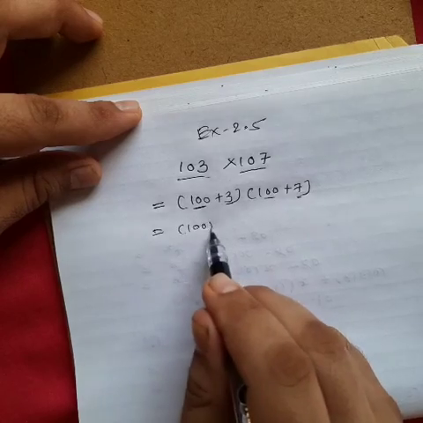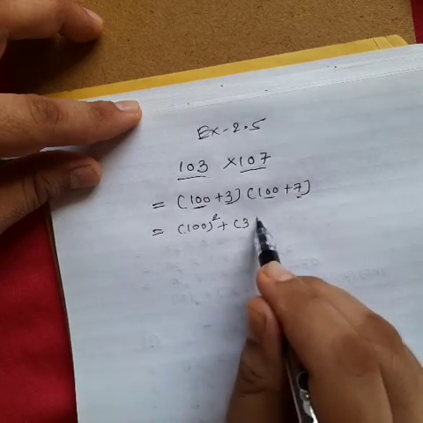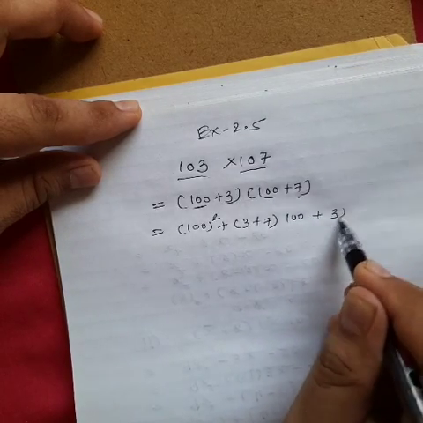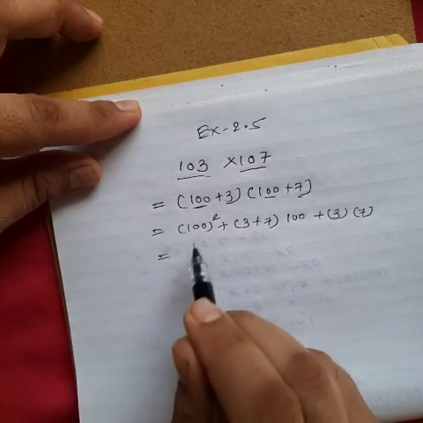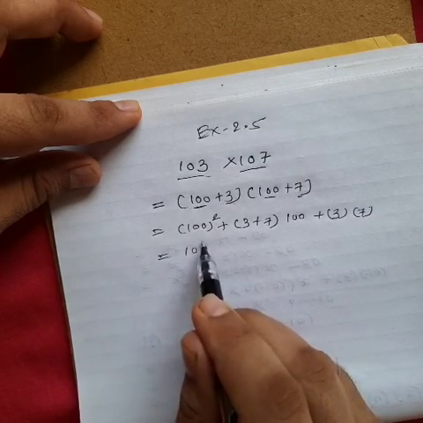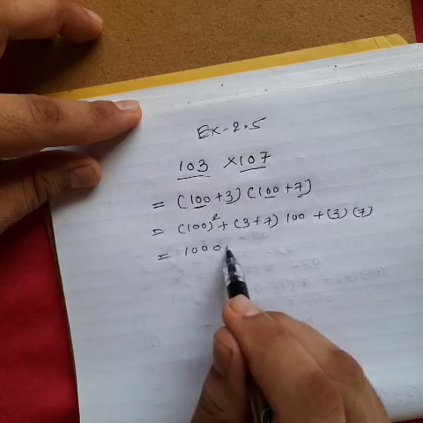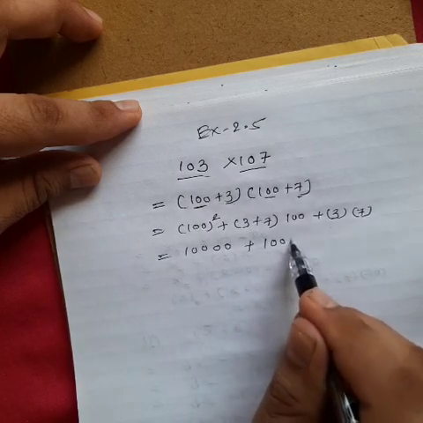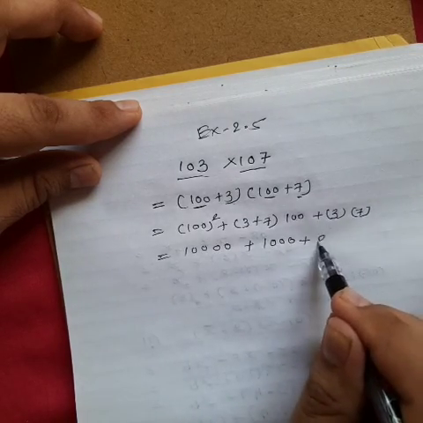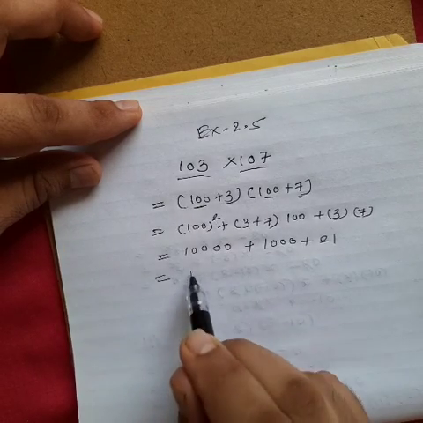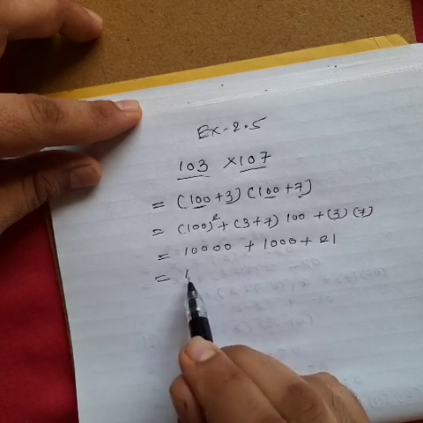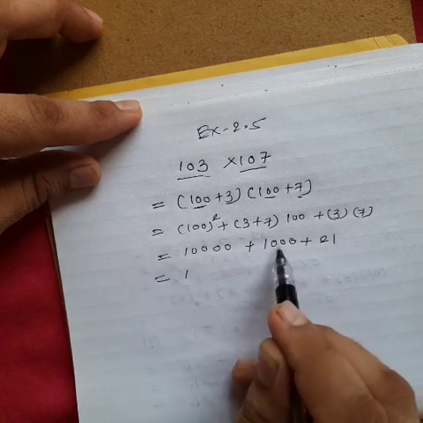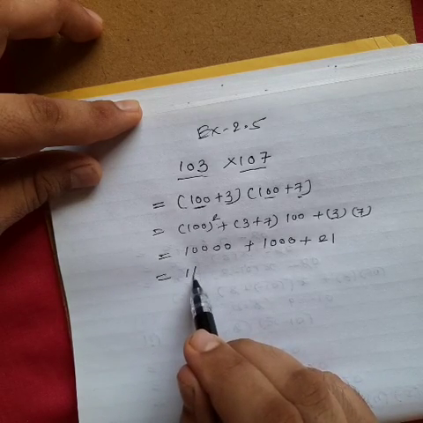So square of 100, plus sum of second, that is 3 plus 7, into first, that is 100, plus product of second, that is 3 into 7. So 100 squared is 10,000, 7 plus 3 is 10, 10 into 100 is 1000, plus 7 threes are 21. So what is the final form? 11,021.